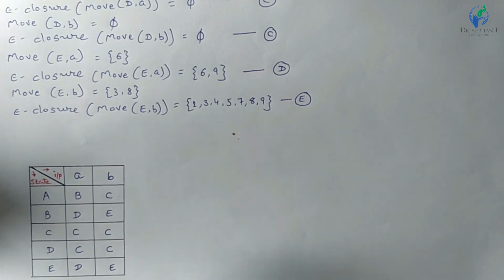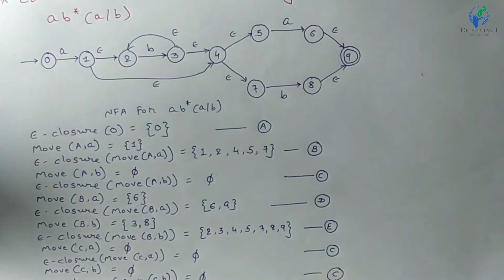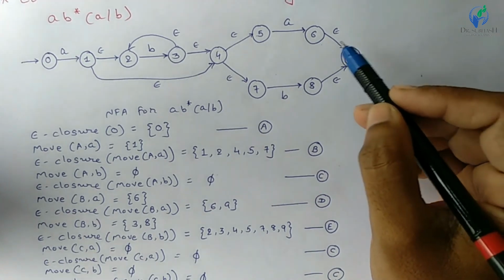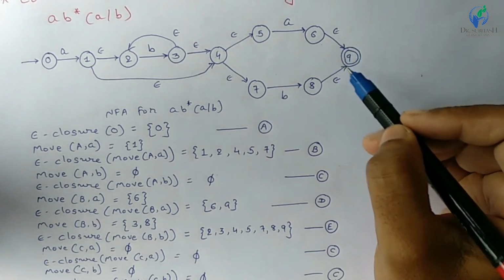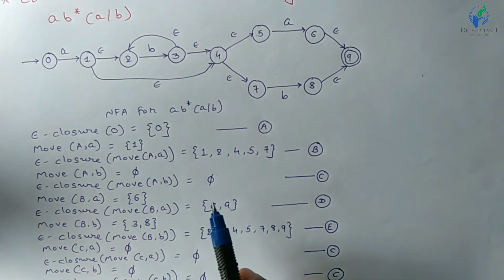This is your transition table for (A, B)* (A or B). Here in the NFA, 9 is your final state. So in which state did you get 9?